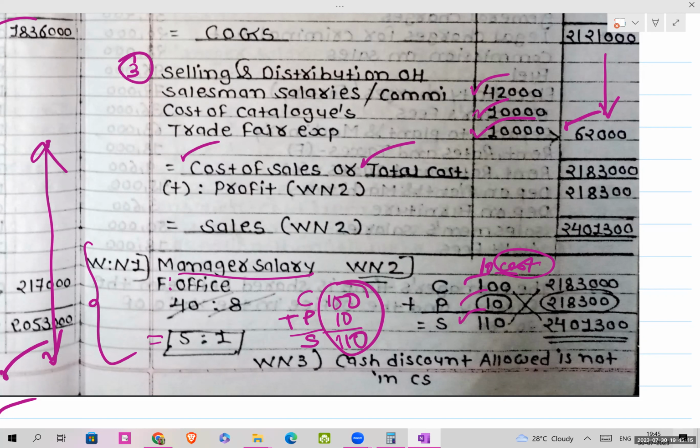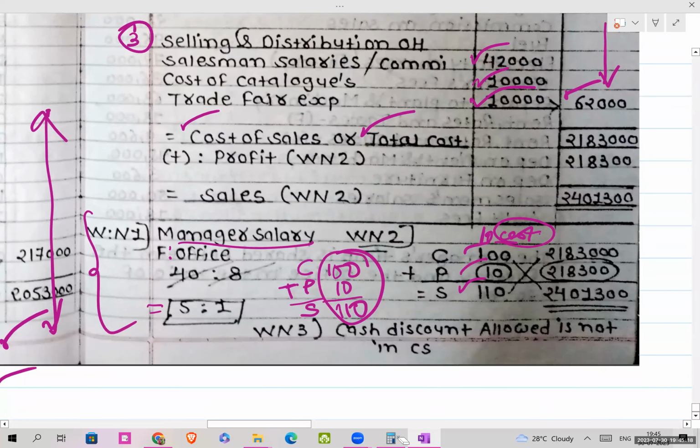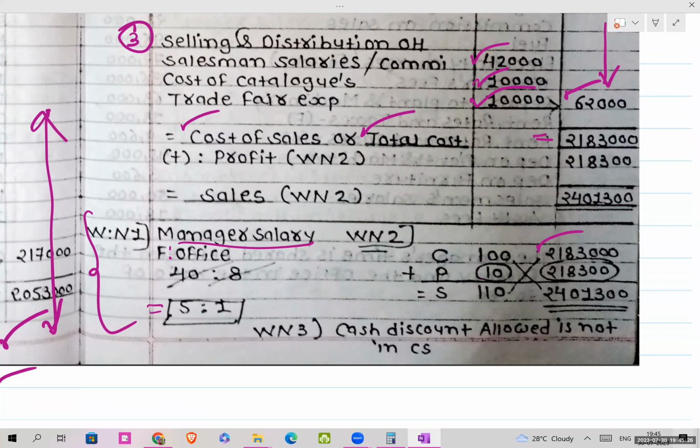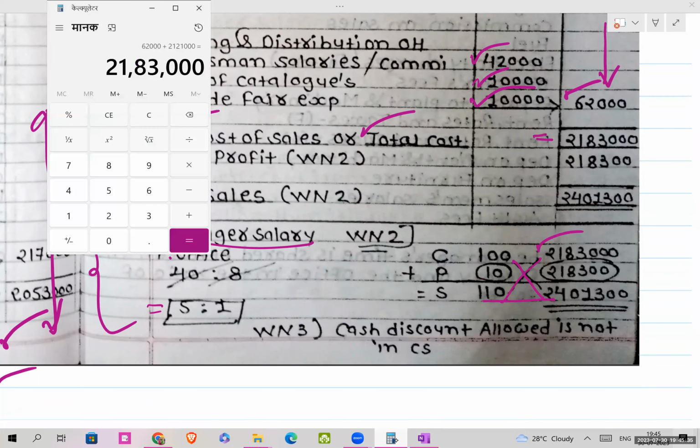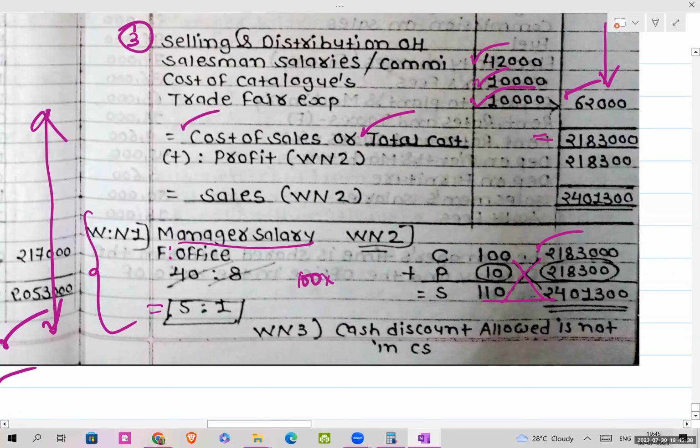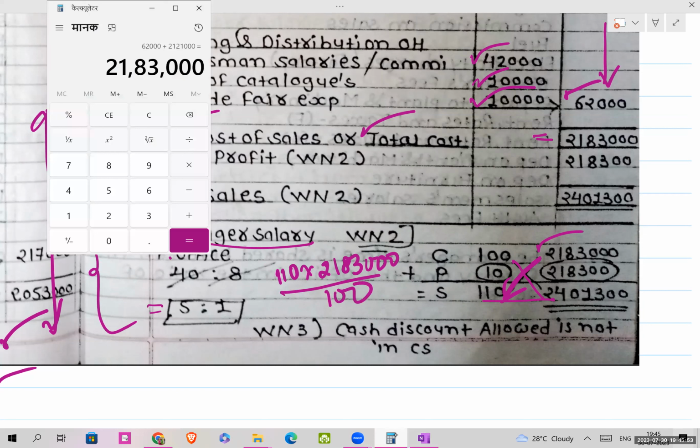अब मुझे मेरी कॉस्ट पता है कितना है, यहाँ से मिला ना मुझे, ये रहा मेरी कॉस्ट है 21,83,000, राइट। तो मुझे मेरी सेल्स निकालनी है, तो मैं क्रॉस मल्टीप्लाई करूंगी, तो मुझे मेरी सेल्स भी मिल जाएगी, मुझे मेरी प्रॉफिट भी मिल जाएगी। Cross multiply, this and this. Okay, so 110 into 21,83,000 divided by 100.